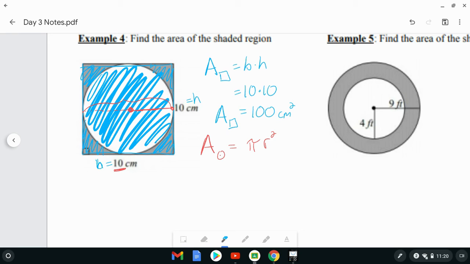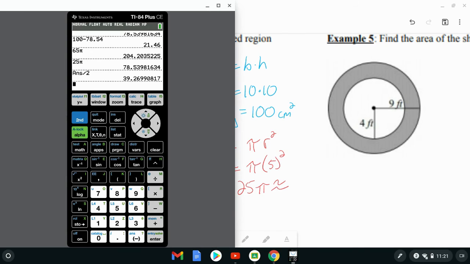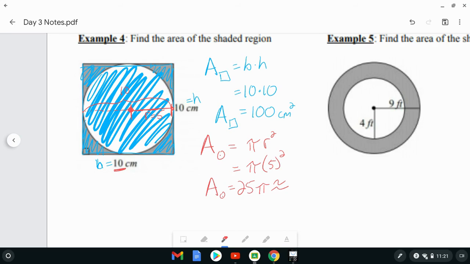So the diameter has to be 10, which means that the radius is half of that length, making it 5. So the area of the circle is pi times r squared, which is 5 squared. So the area of the circle is 25 pi, which in your calculator is roughly 78.5.